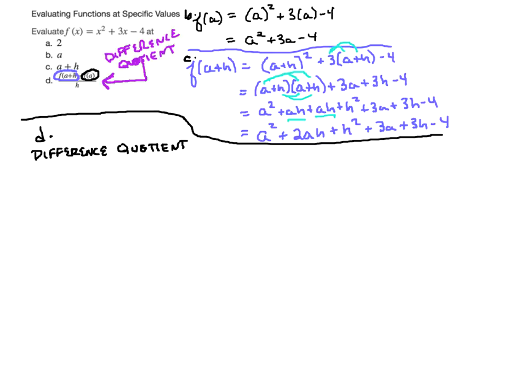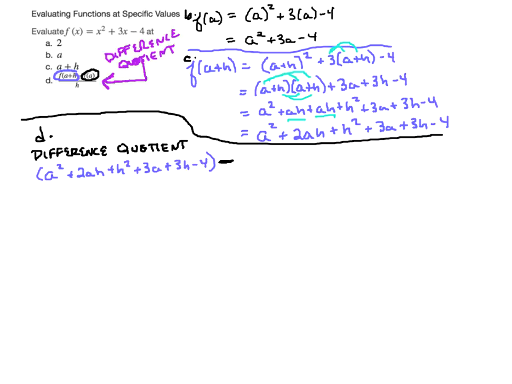Okay, so f of a plus h, and I'm going to plug in parentheses. That is a squared plus 2ah plus h squared plus 3a plus 3h minus 4. Here's why it's called the difference quotient, because you're subtracting.